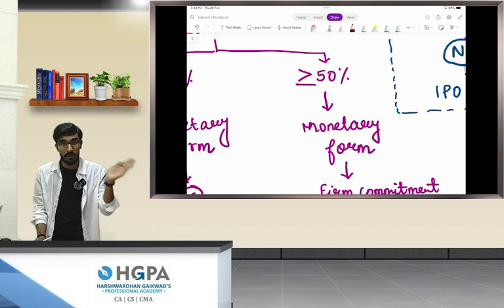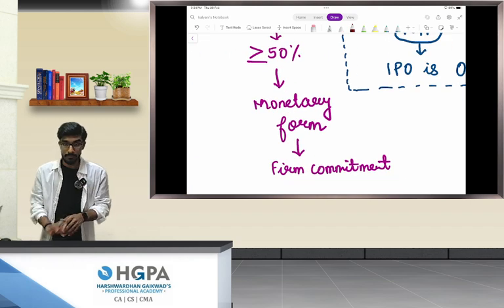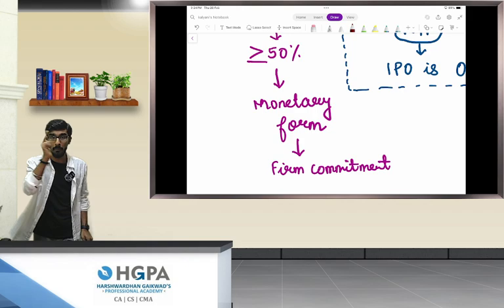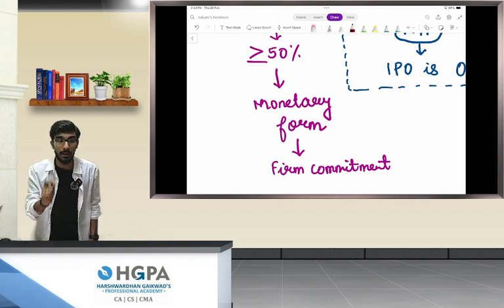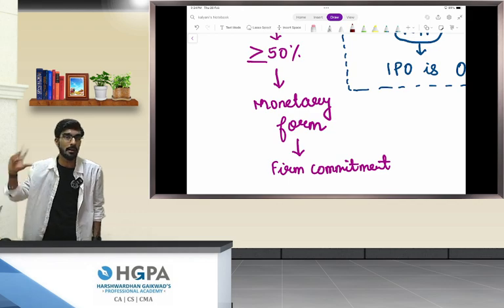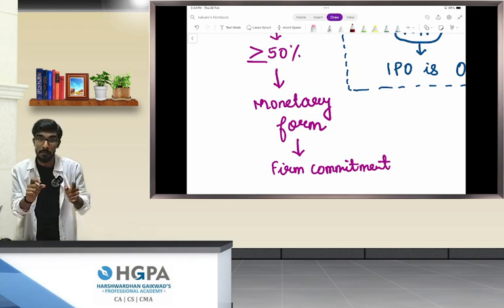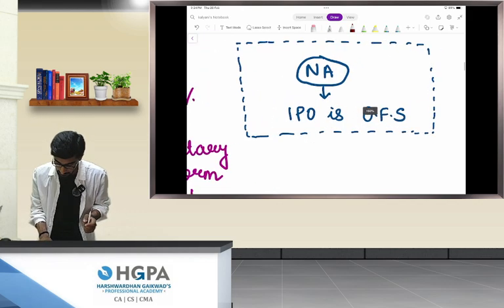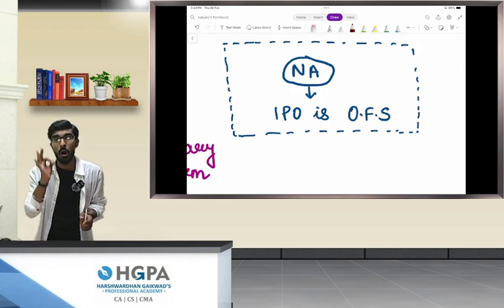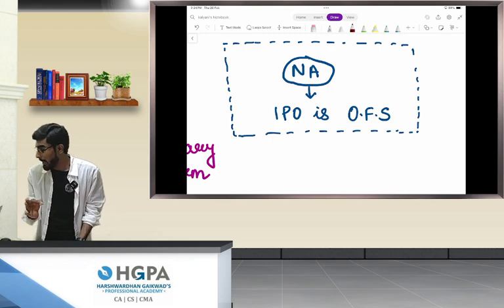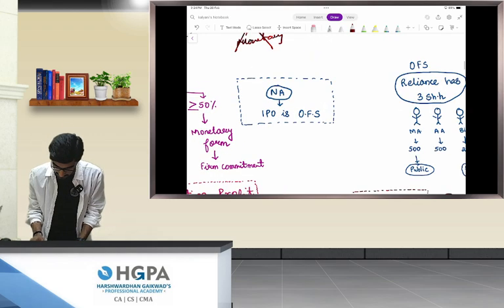If more than 50% is held in monetary form, the issuer has to give a firm commitment to SEBI regarding how they are going to utilize the money. Now this 50% condition is not applicable if the IPO is through offer for sale.